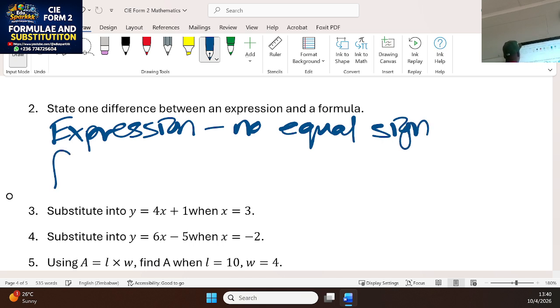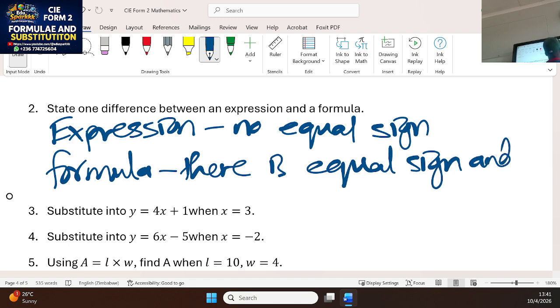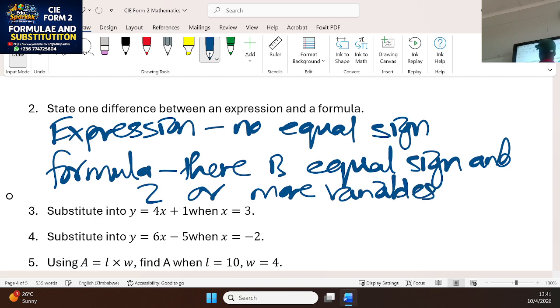Then with a formula, one, there is an equal sign, and two, two or more variables. In other words, you expect to find two or more distinct letters in the process.